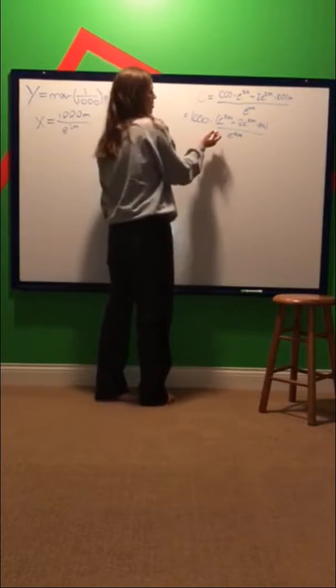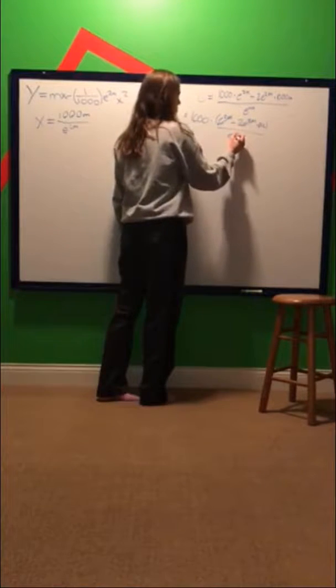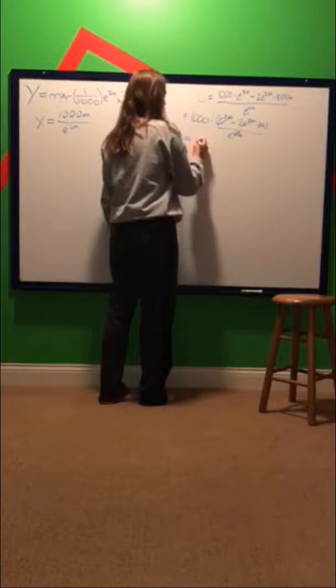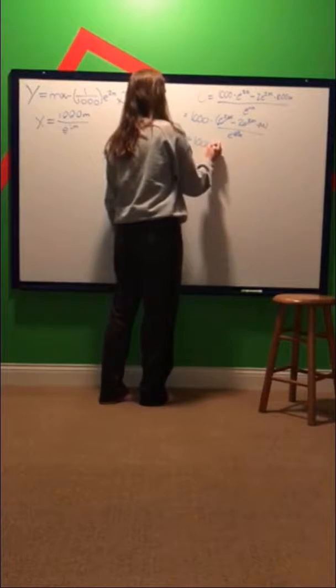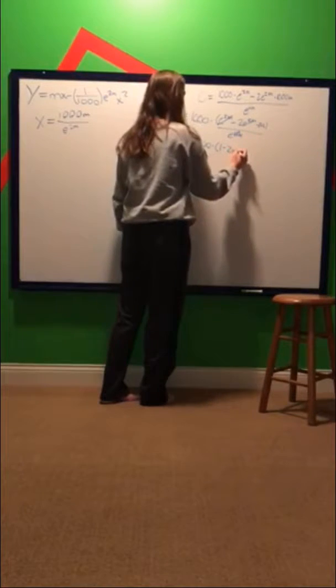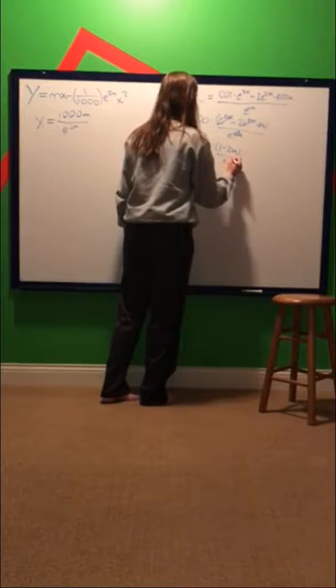Next, you'll cancel out e to the 2m, leaving you with 1,000 times 1 minus 2m over e to the 2m.